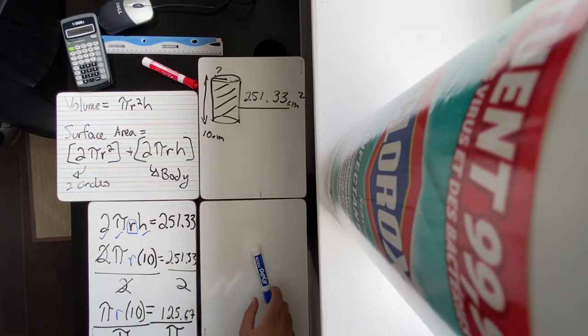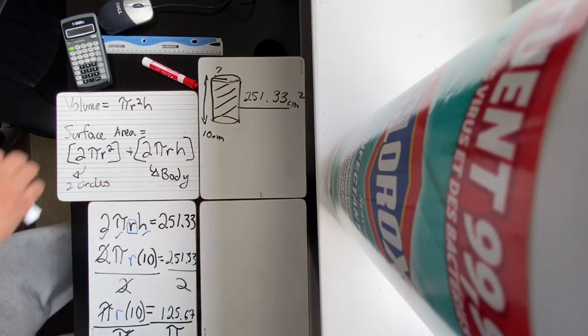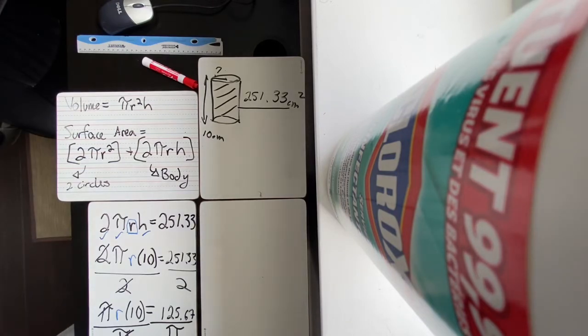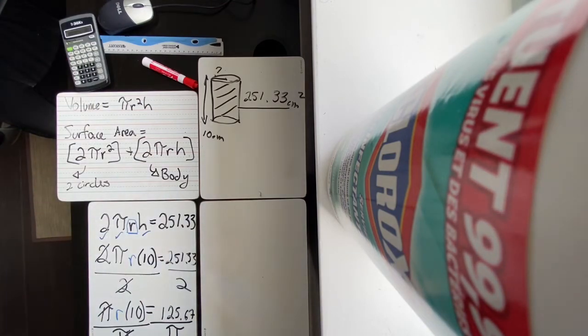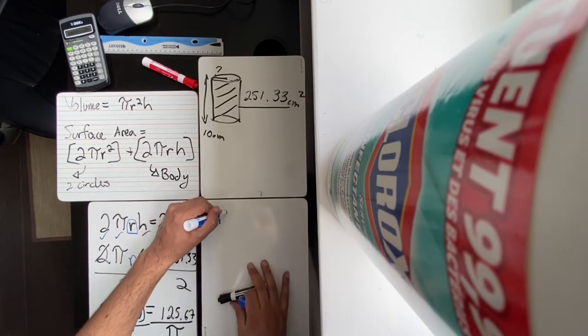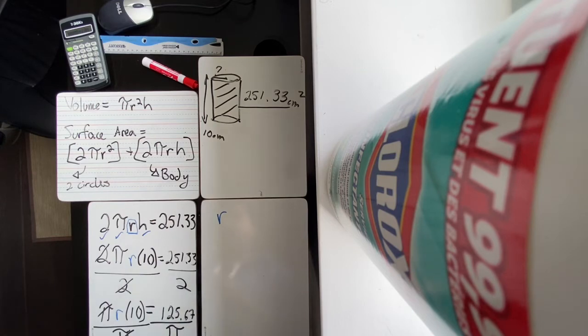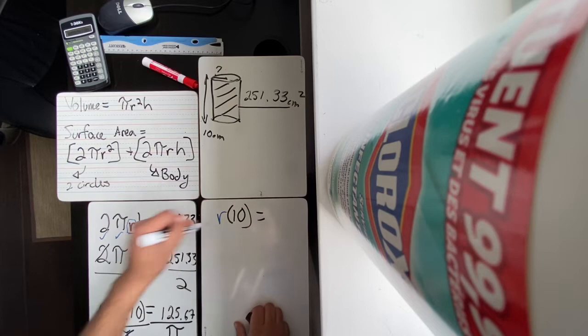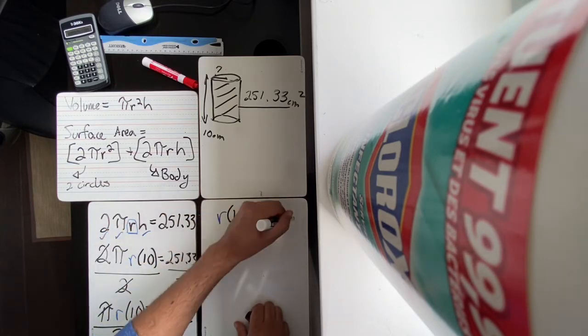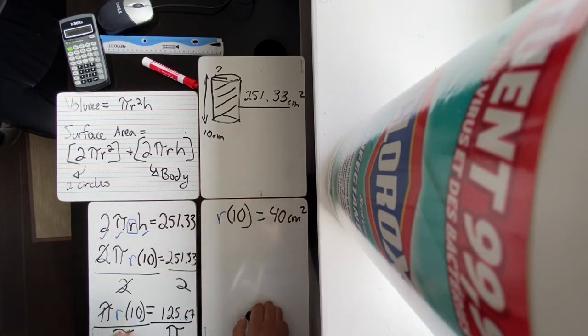So moving over to this board now. Pi's are now canceled out. And 125.67 divided by pi is 40.0000. So we'll just go with 40. So we're left with our unknown r times our height, which is 10, equals 40 centimeters squared.